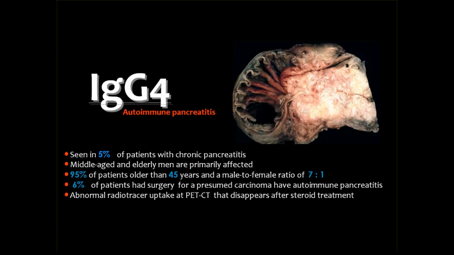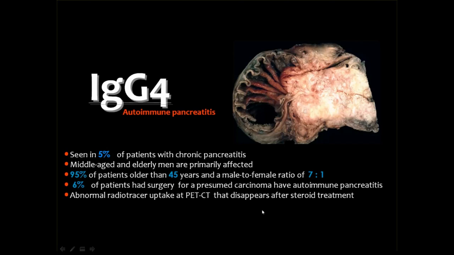This disease may be mistaken for a pancreatic malignancy, and some of the patients were operated upon to remove pancreatic malignancy, but finally they found it as an autoimmune pancreatitis.